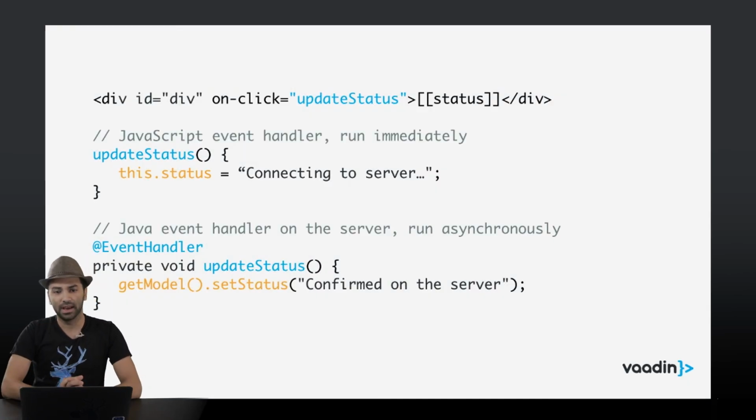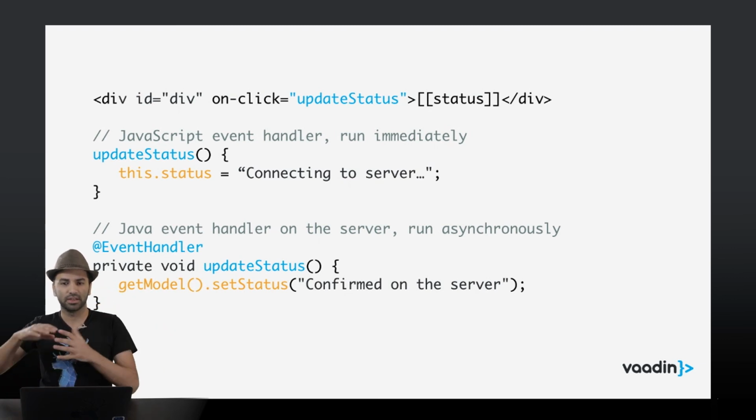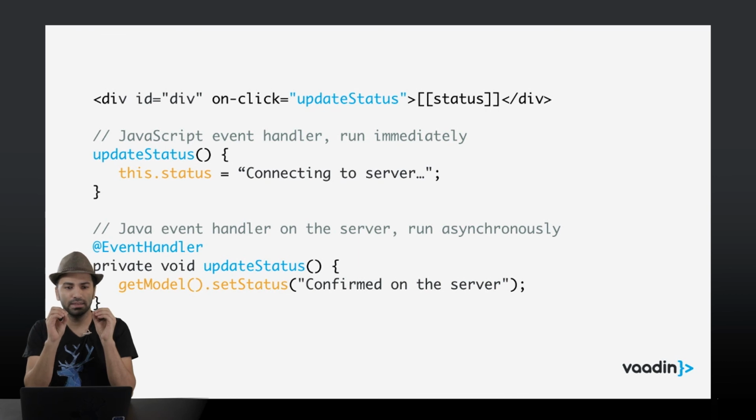So this is an interesting example. The first two lines are basically written on the HTML template. It defines a div, and it has a function called update status. So when I click on this div, it immediately goes to this function called update status, and then the variable called status on the client side will immediately have the word connecting to server.